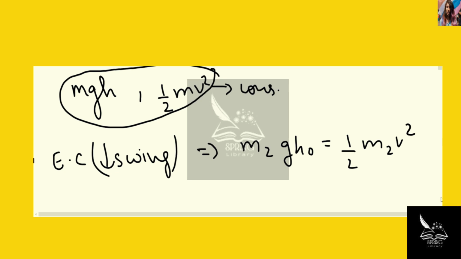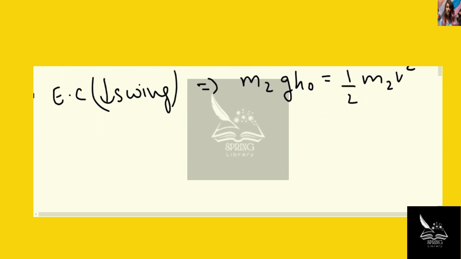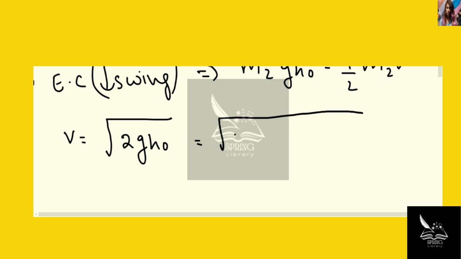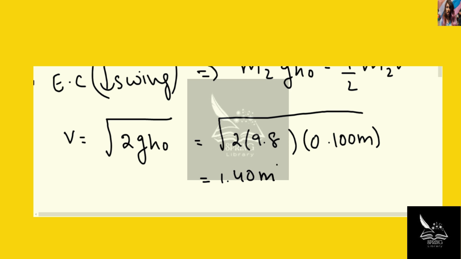So from here, we can get the value for v. v equals root of 2 g h0, which equals root of 2 into 9.8 meter per second squared into 0.100 meter, which equals 1.40 meter per second.